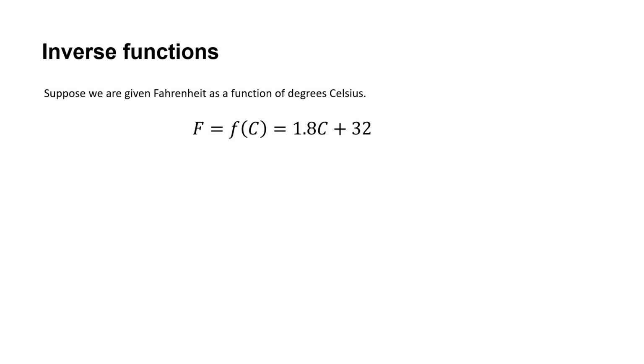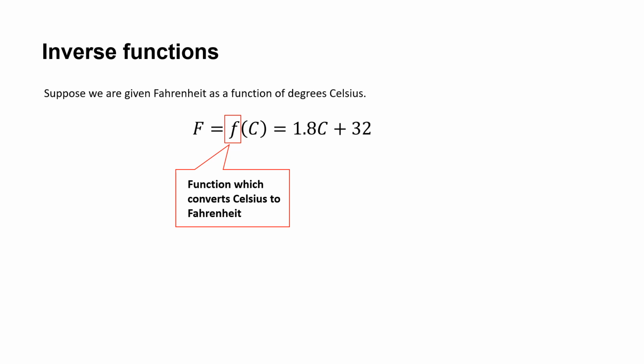So let's look at Fahrenheit to degrees Celsius and the equation that governs this relationship. We've got this F, which is a value in Fahrenheit. And then we have this function F, or at least a mathematical notation for it, and this is going to convert a value in degrees Celsius to a value in degrees Fahrenheit.